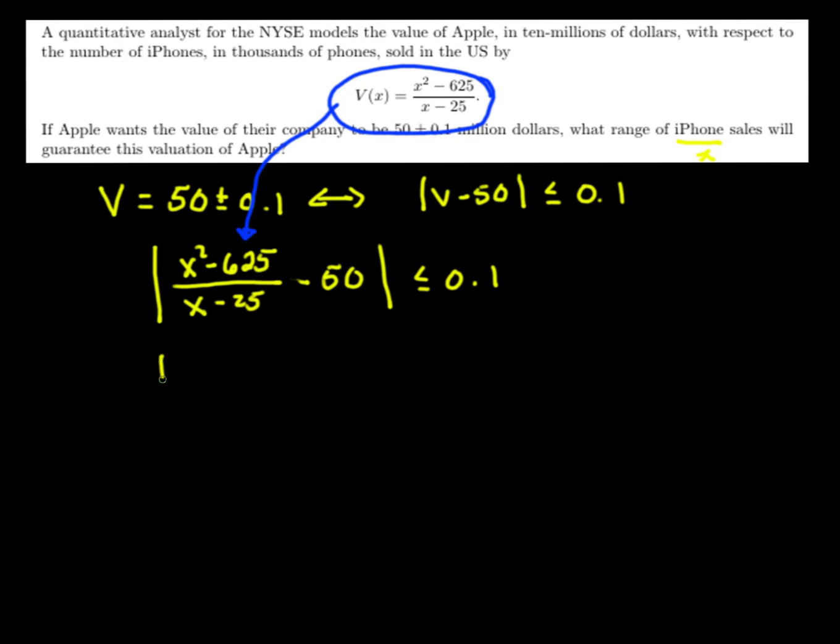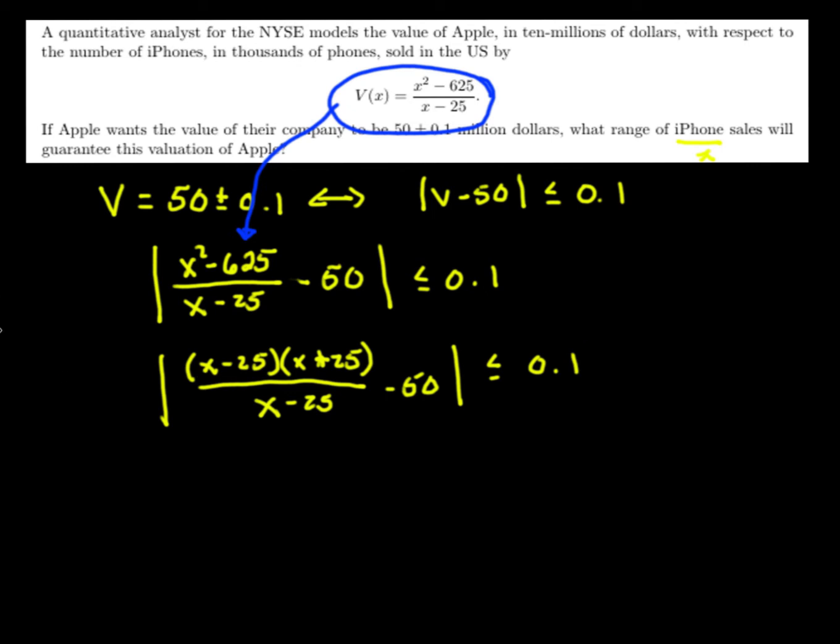And so the top is x minus 25 times x plus 25, divided by x minus 25, minus 50 is less than or equal to 0.1. And so I get canceling here: x minus 25, x minus 25, they cancel.